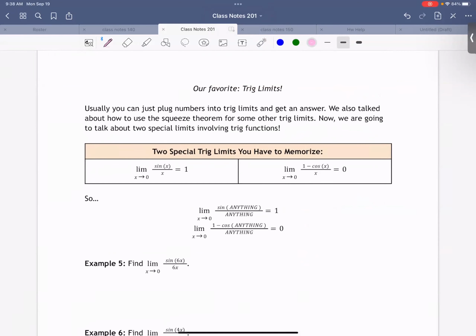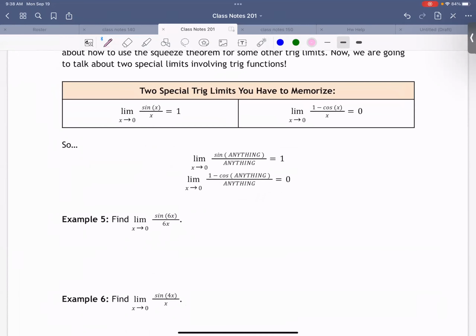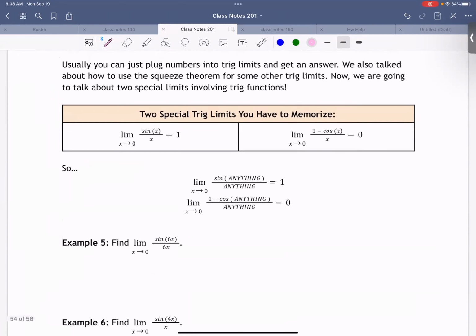We would take our function, know that it's between like -1 and 1, and do a bunch of stuff with it until we found the limit. We're going to talk about how to do other fancy trig limits that don't involve the squeeze theorem.